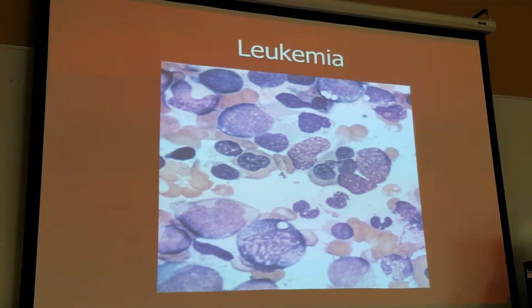Lots of different kinds of leukemia. Maybe the most famous one is caused by the so-called Philadelphia chromosome. During cell division of these stem cells, the chromosomes aren't properly pulled apart, and two chromosomes get stuck together in a way that results in one big chromosome called the Philadelphia chromosome.